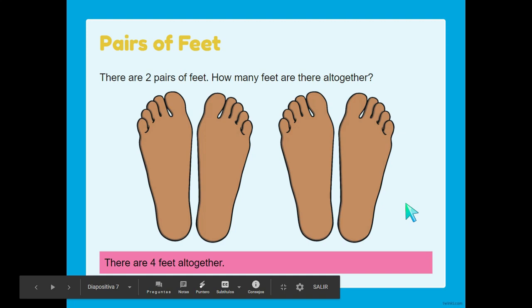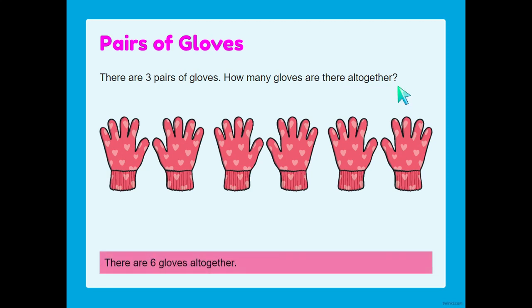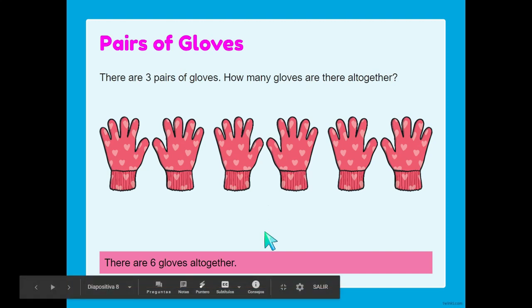Let's have a look at a different example. Now with the pairs of gloves. In this example, there are 3 pairs of gloves. 1 pair, 2 pairs, and 3 pairs. Now the question is, how many gloves are there all together? There are 6 gloves in total.